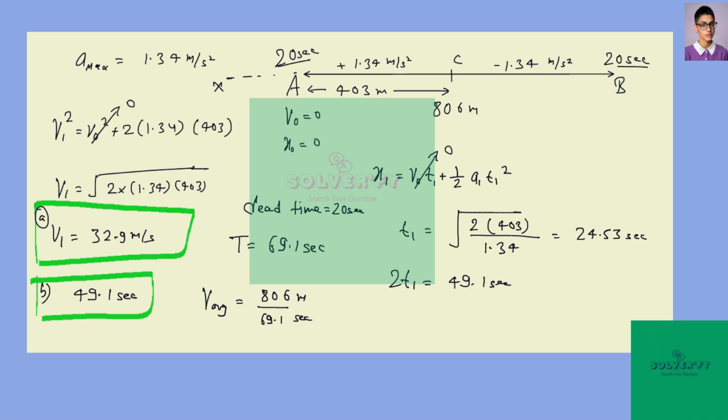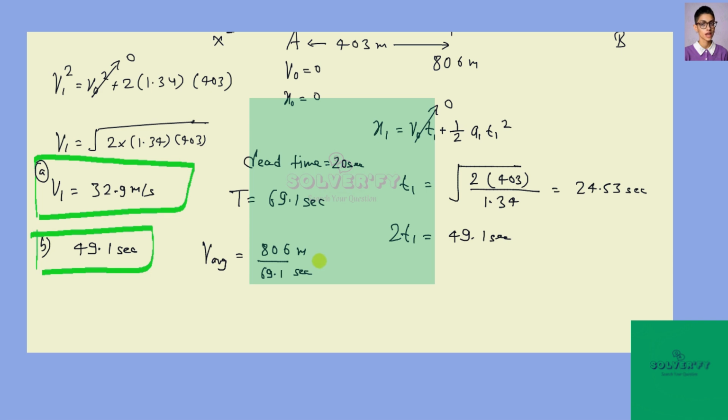When we solve it, it is 11.7 meters per second. So for part C, the average speed is 11.7 meters per second. This is the answer for average speed.